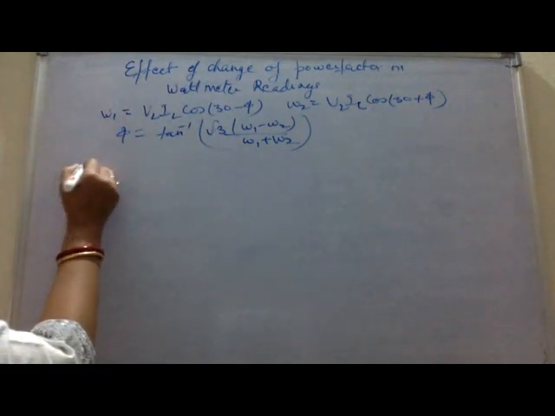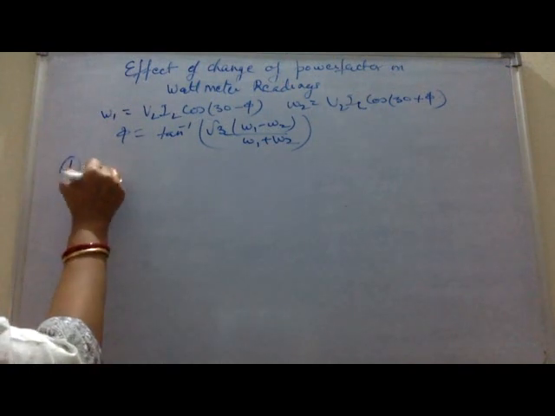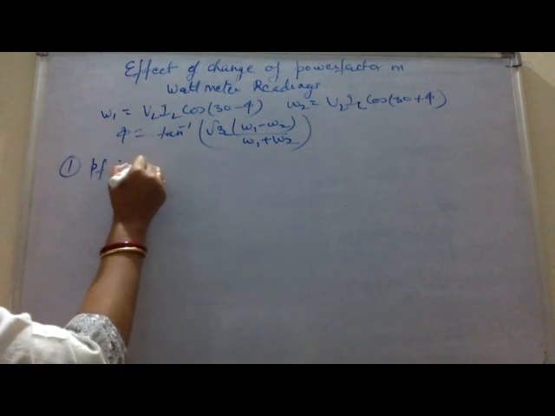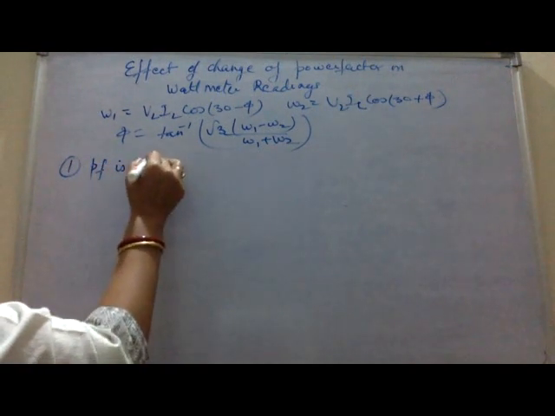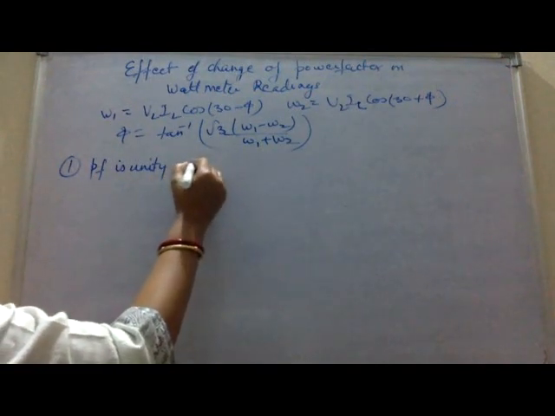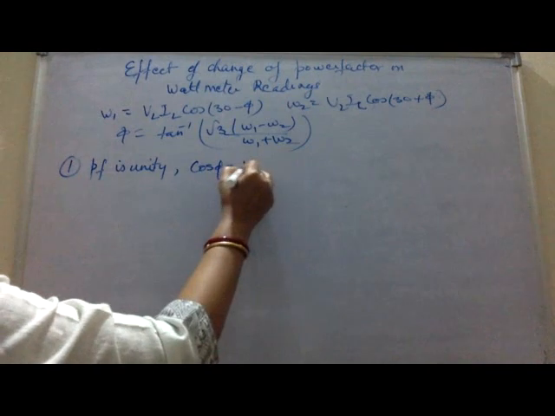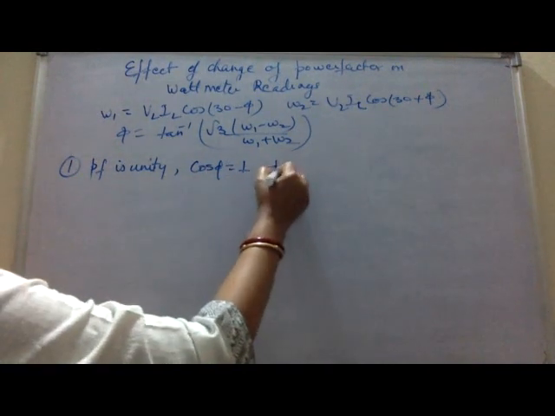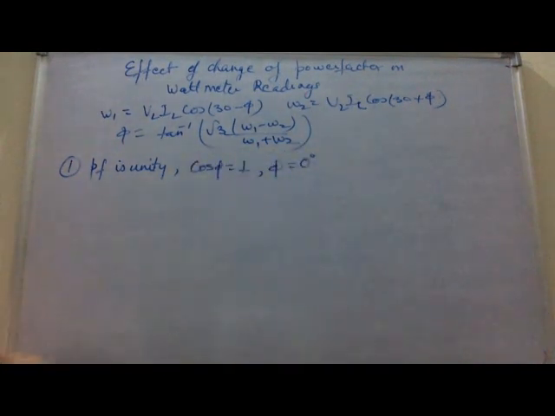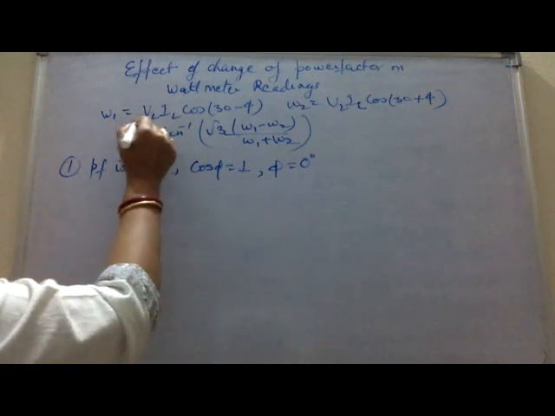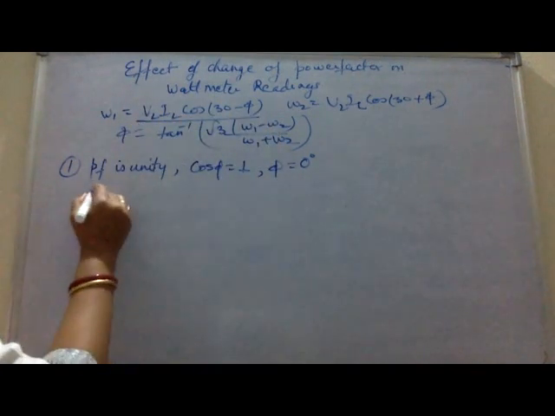Suppose in the first case we take the power factor as unity. If the power factor is unity, this means that cos phi is equal to 1 or phi is equal to 0 degrees. What will W1 be?